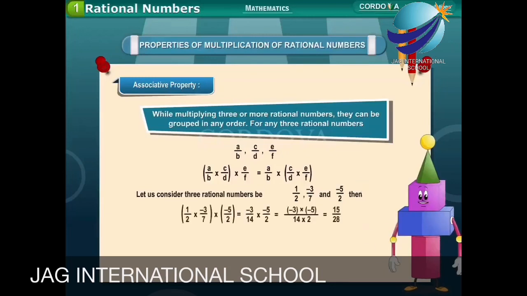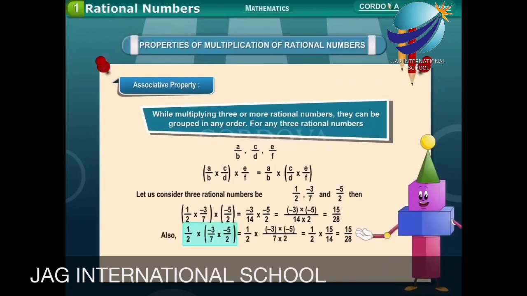Then 1 upon 2 into minus 3 upon 7 into minus 5 upon 2 is equal to minus 3 upon 14 into minus 5 upon 2, which is equal to minus 3 into minus 5 upon 14 into 2, which is equal to 15 upon 28.